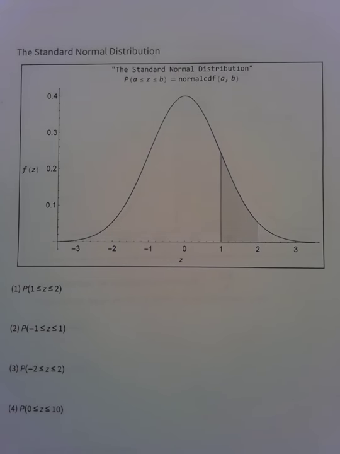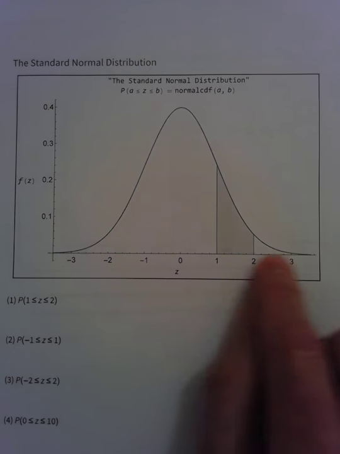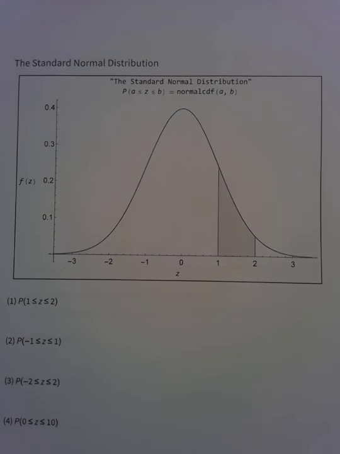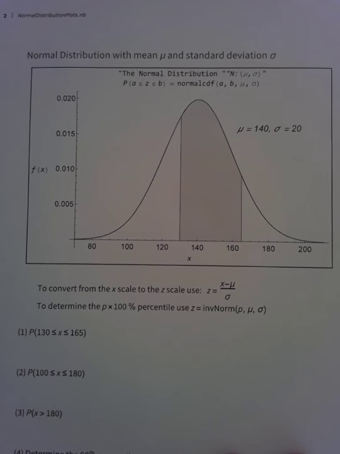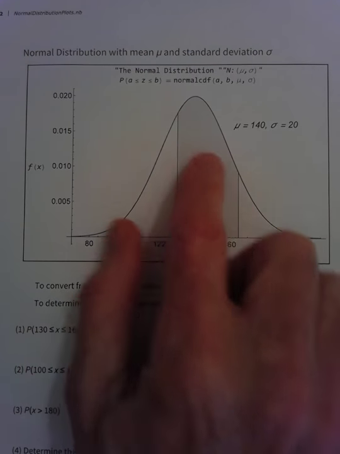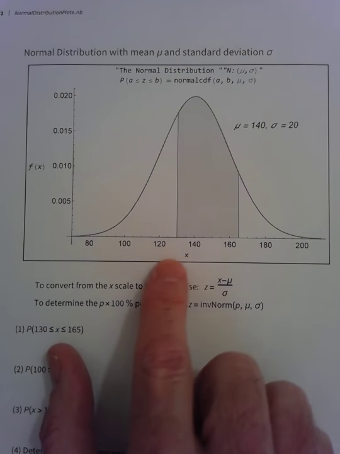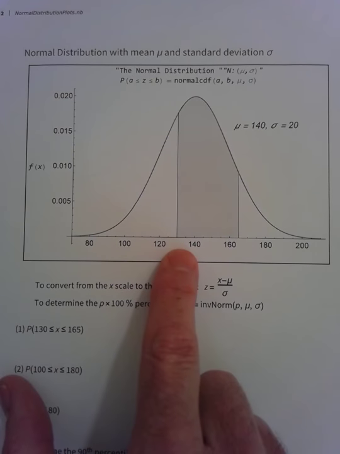Okay, so that's the standard normal distribution, the one where we're essentially working on the standard deviation, or z-scale. Let's move to the more general distribution, where we have a specific mean and standard deviation. The one plotted here is with a mean of 140 and a standard deviation of 20.